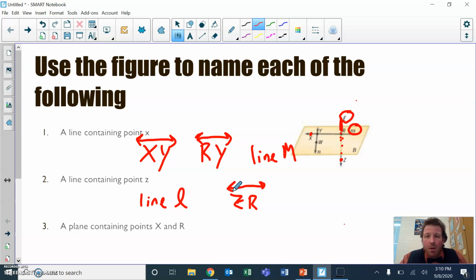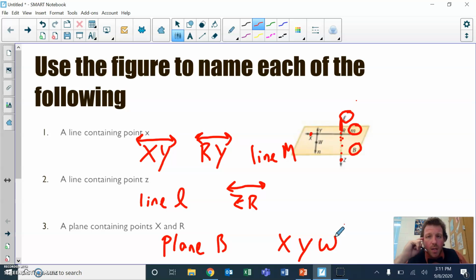All right, looking at a plane containing points X and R, our last one. So the plane itself, which is B, because of this little script right here, we could call it plane B. So if you see a little letter in the corner, you can refer to it as that plane. But also you can use 3 points as long as those points aren't on the same line. So for example, I could say something like plane XYW.